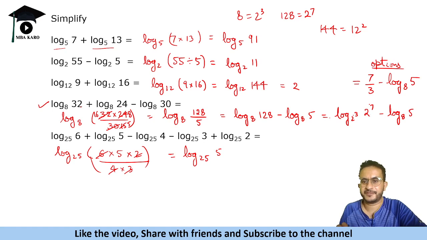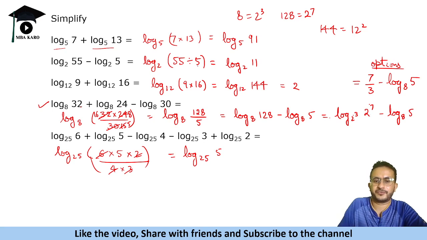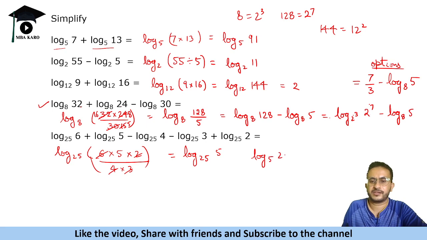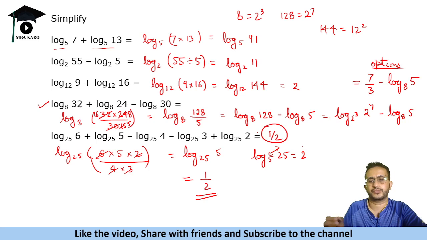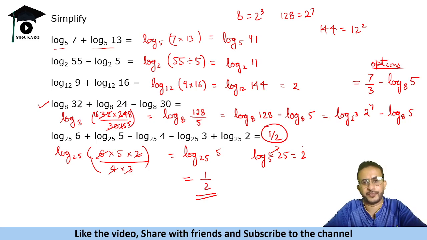Now if you remember the first video, I told you that 5 square is 25. So you would say log 5 25 is 2, because 5 square is 25. Now when we are switching these, this becomes the reciprocal. So this equals 1 by 2. When we switch these two, this becomes reciprocal, and hence the answer is 1 by 2. So this is how we simplify logarithms using these two properties.